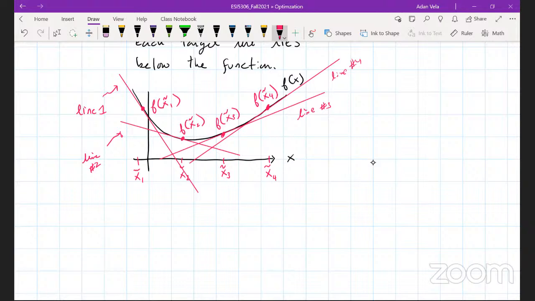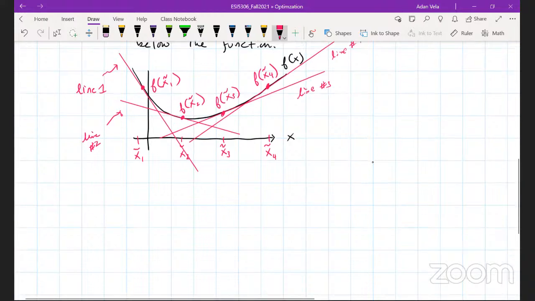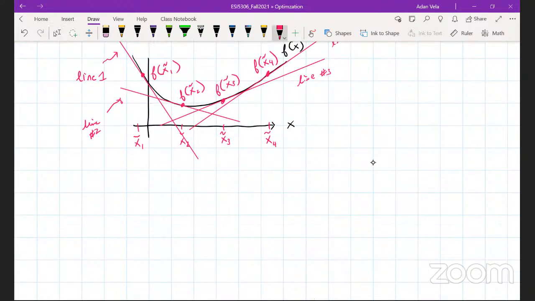These lines can then also be written as a linear equation, right? So picking out line 1, or just an arbitrary line i, we can represent it as y equals mx plus b, and maybe we'll put i to indicate the index.